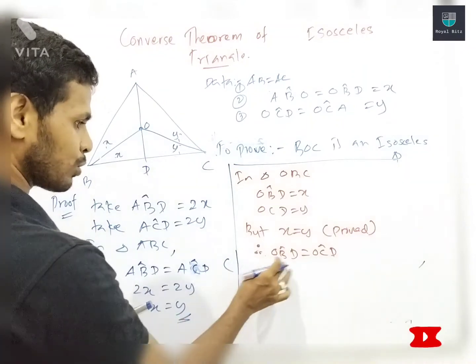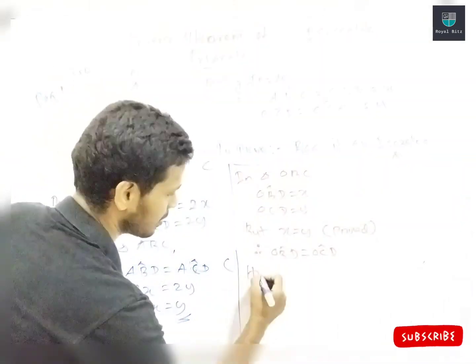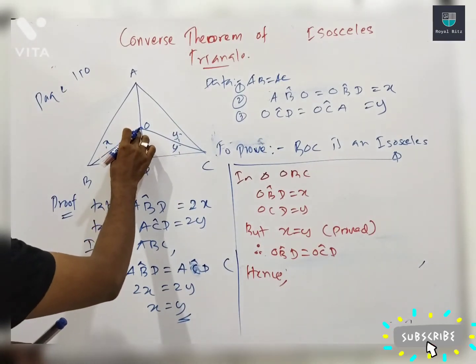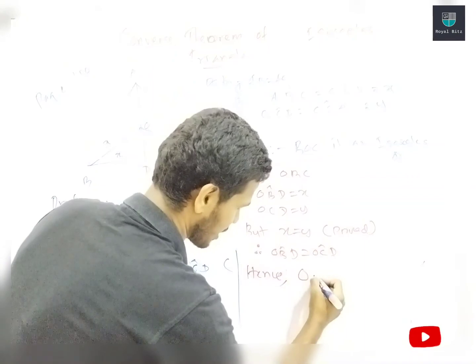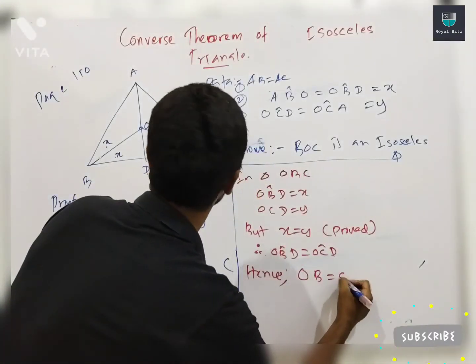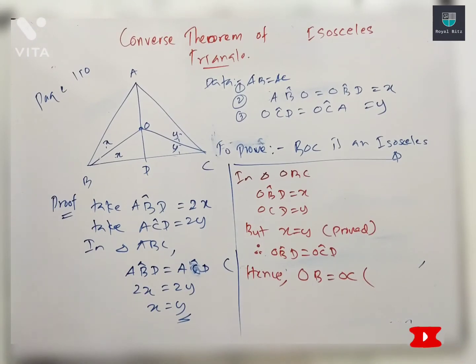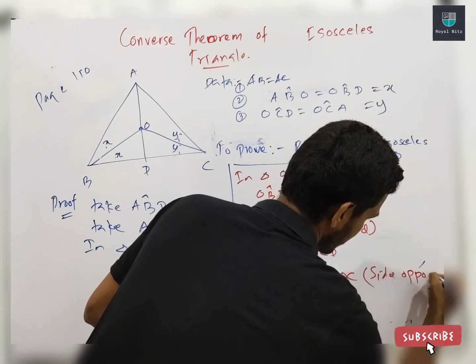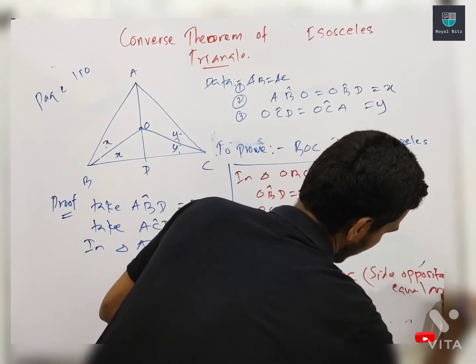We proved x is equal to y, so OC is equal. So therefore, hence OB is equal to OC in the isosceles triangle. What is the reason? Sides opposite to equal angles. So this is side opposite equal angles.